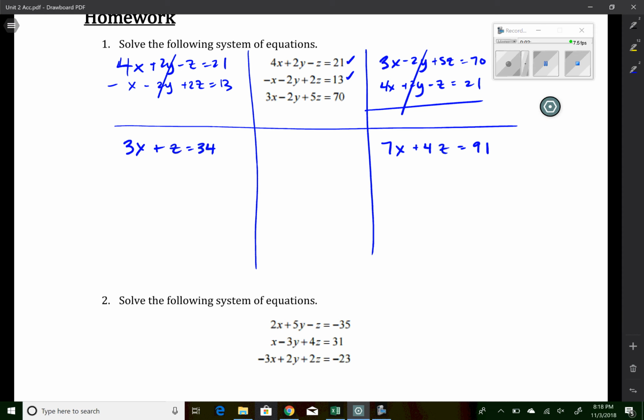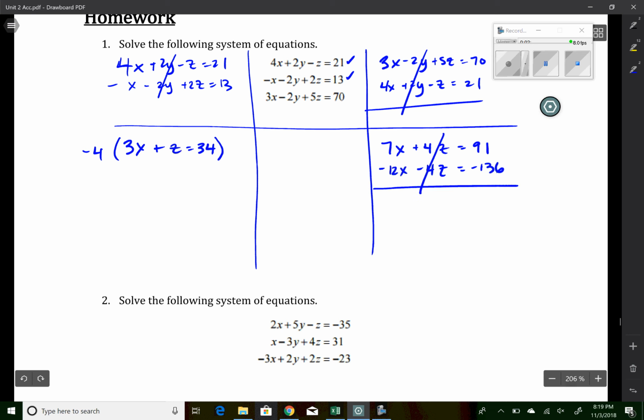And then I have to get it so that these two equations that I just created, when added together, would have a variable that also eliminates. So if I multiply this one by negative 4, I'm going to wind up getting negative 12x minus 4z, which we like, and negative 136.